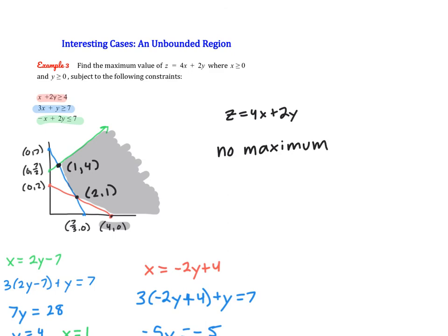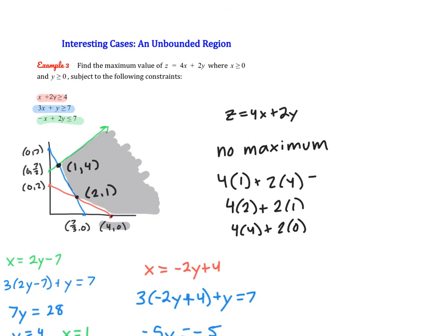So we're going to plug those into our objective function, and we're going to figure out what our minimum value is. So here we will have 12, here we will have 10, and here we will have 16.